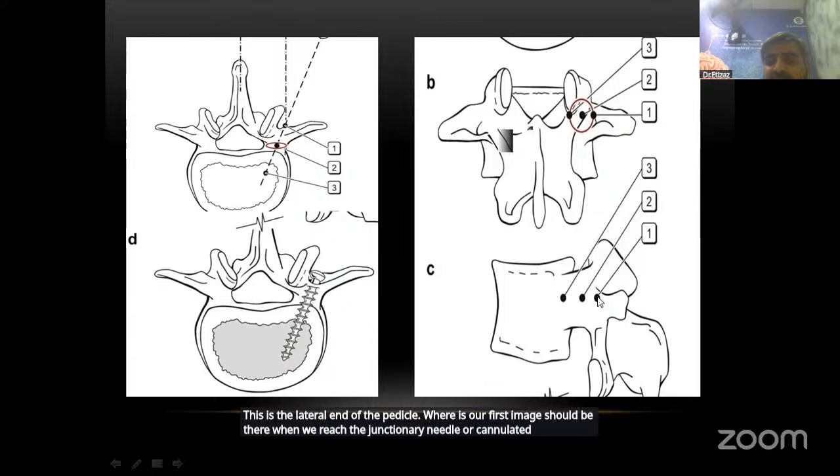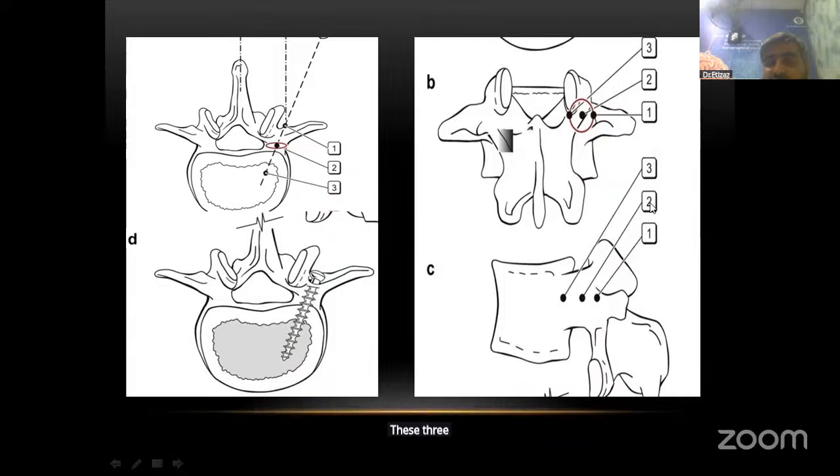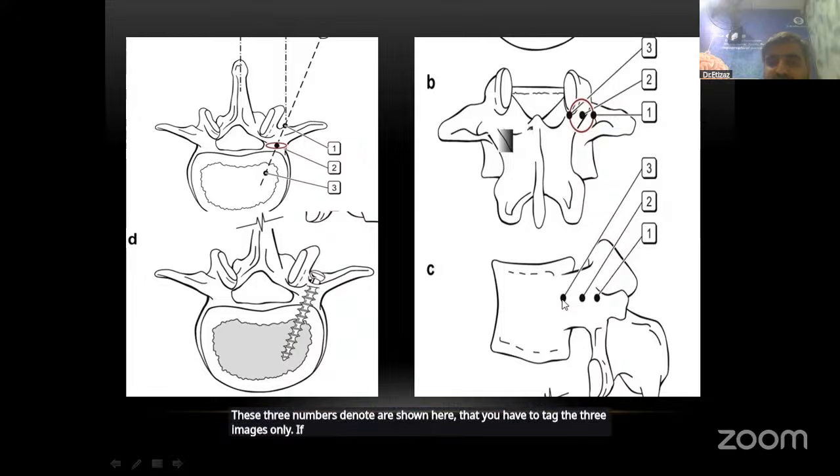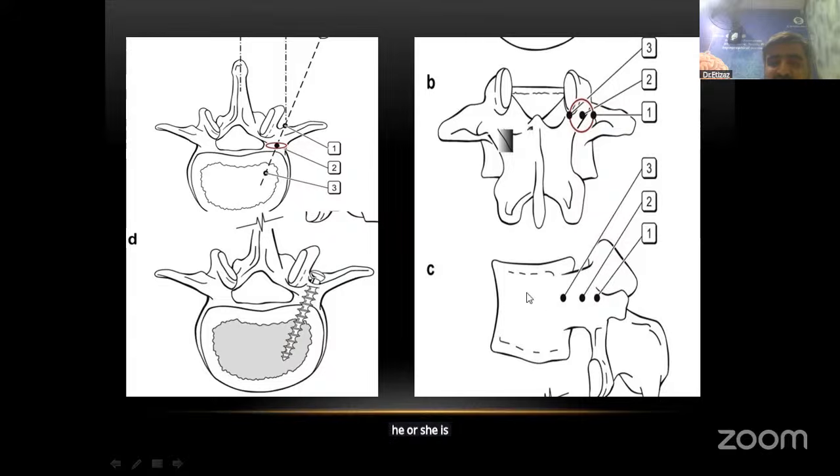These three numbers show that you have to take only three images. If someone takes a fourth one, they are giving some extra rays to themselves. Otherwise, there is no need.